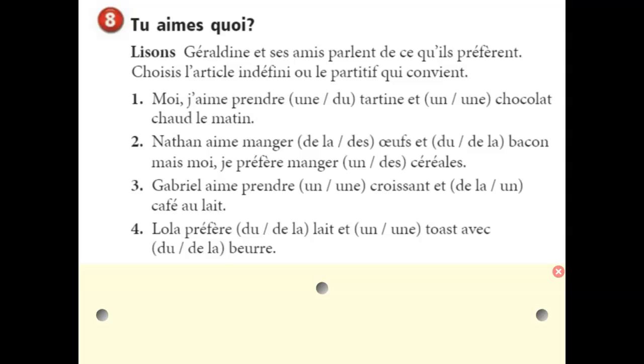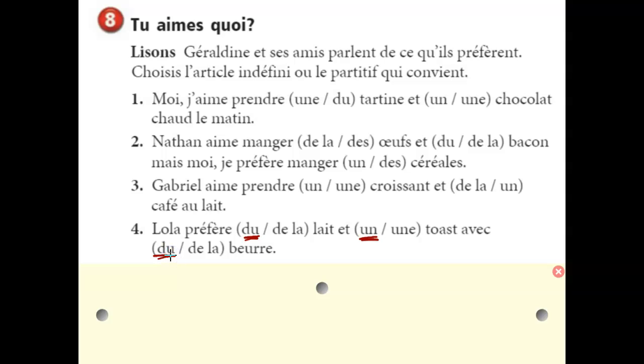Numéro 4. Lola préfère blank lait et blank toast avec blank beurre. So our answer is Lola préfère du lait, because lait is masculine, et un toast, because toast is masculine, avec du beurre.